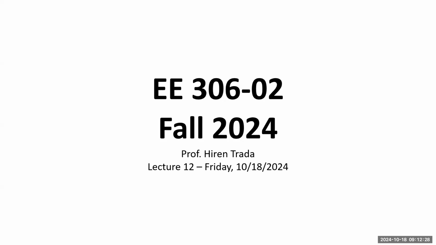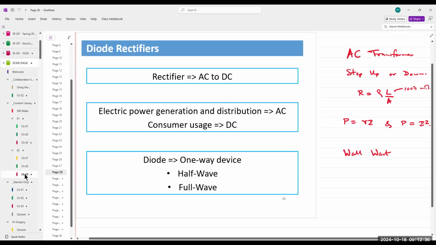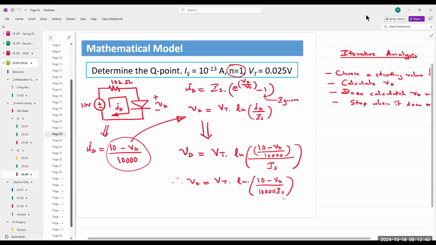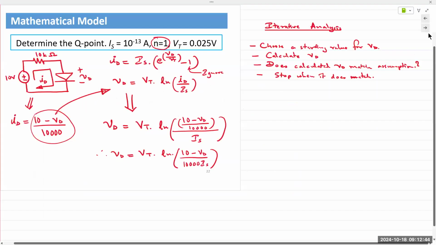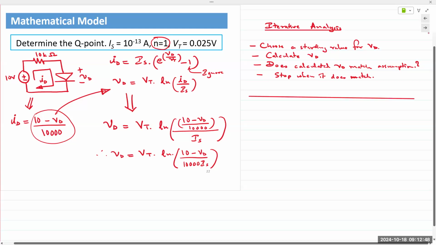Okay, so here's the notebook. And the homework, the first problem specifically, requires VD0.